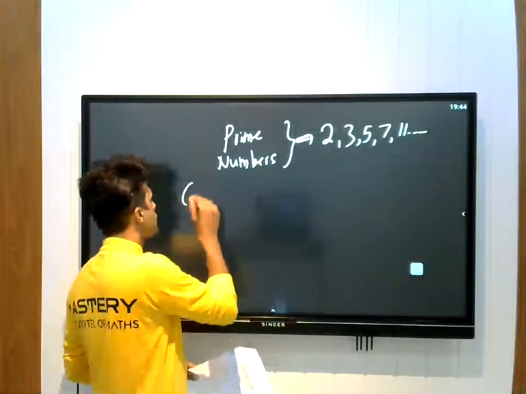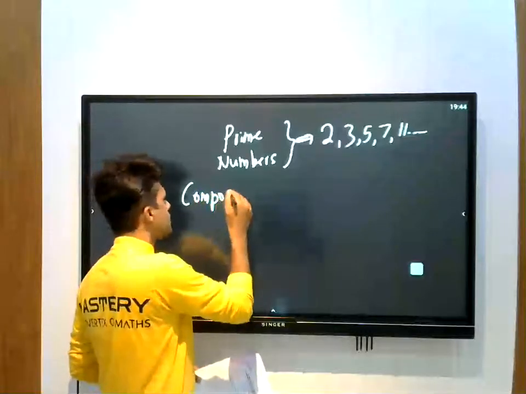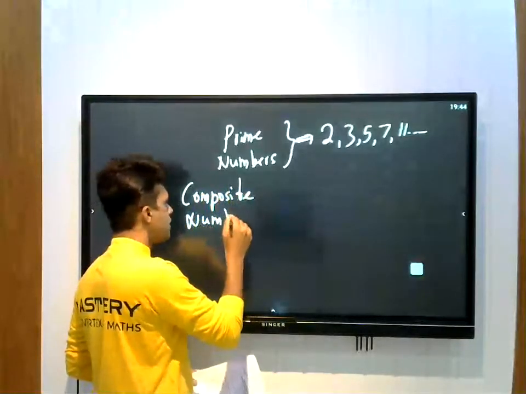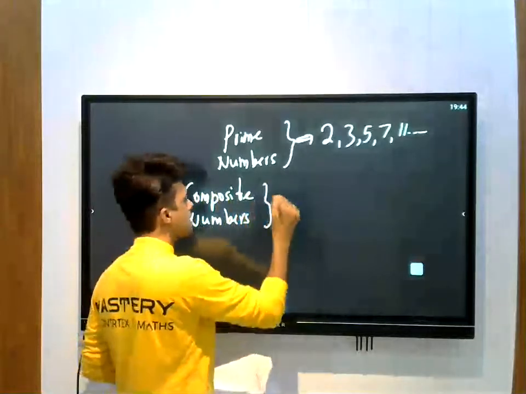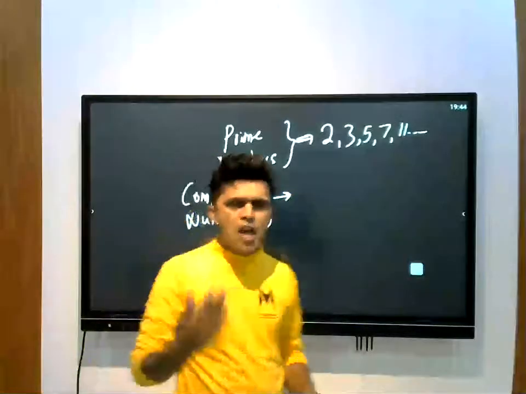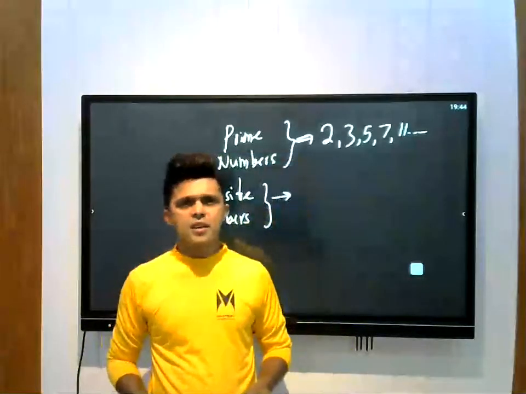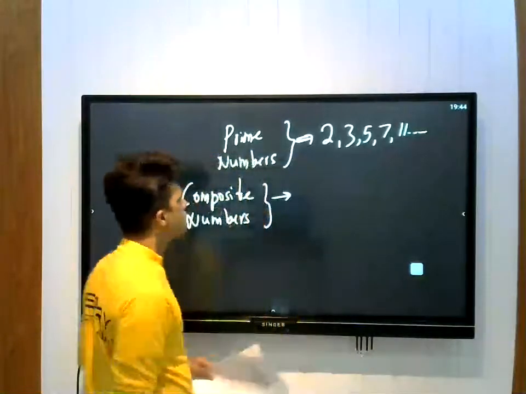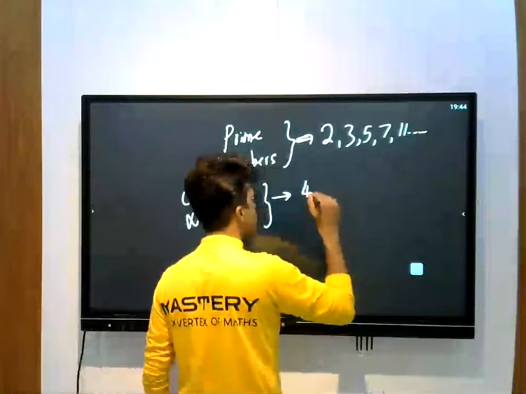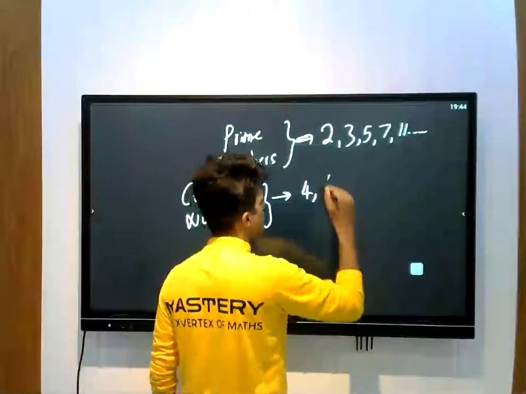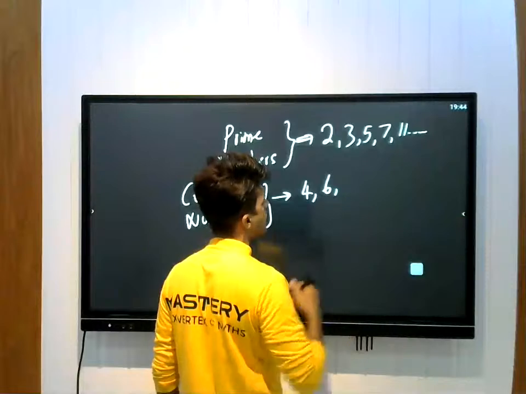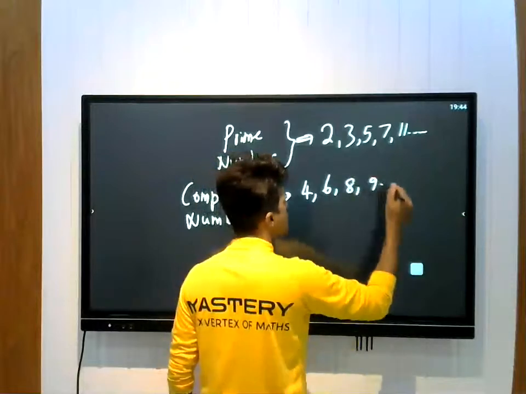The other type of numbers, composite numbers. What are composite numbers? When it comes to composite numbers, it's having more than two factors. We can take 4. After that, 6. 7 we can't take, 8, 9, and so on.